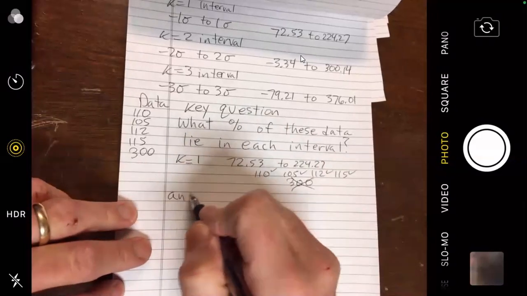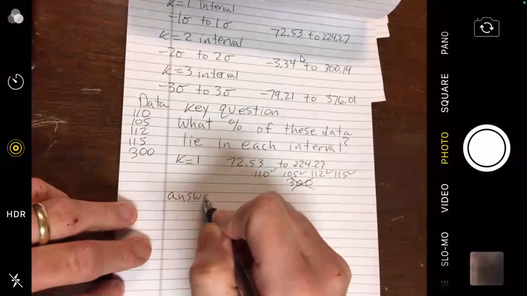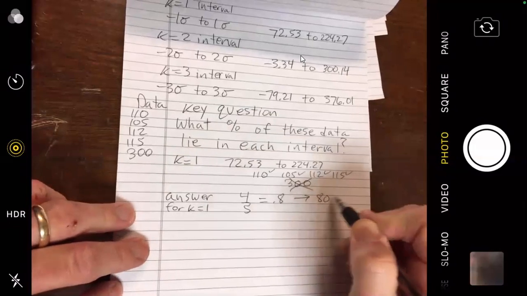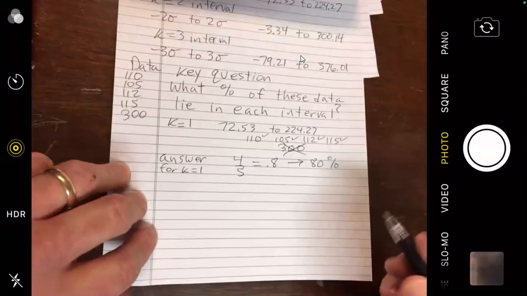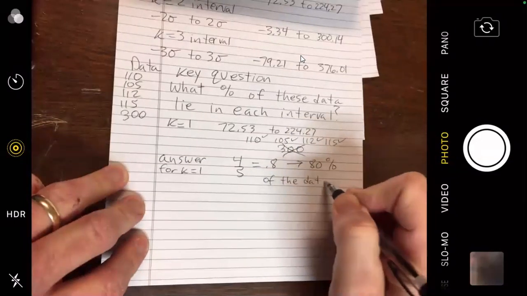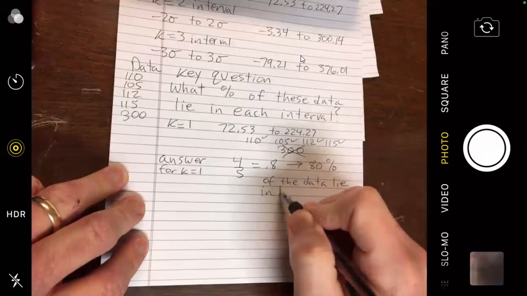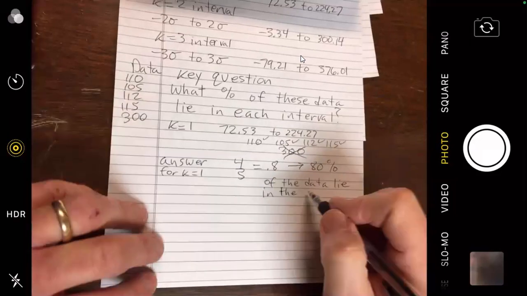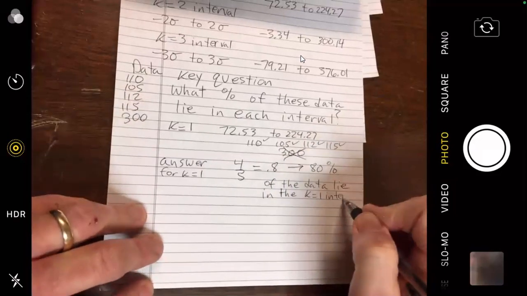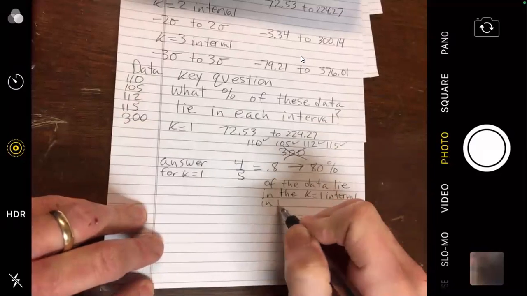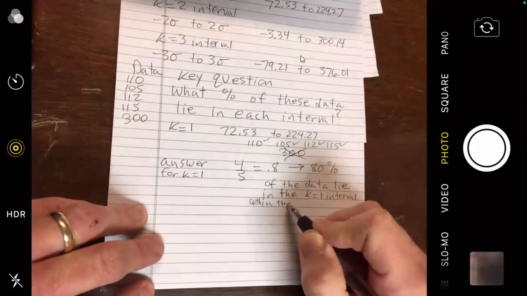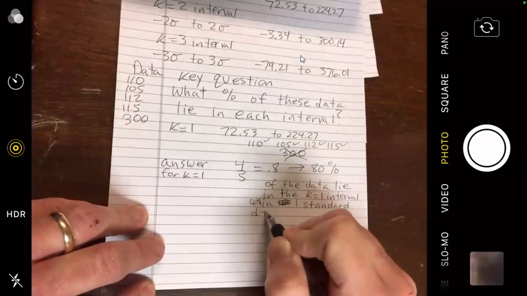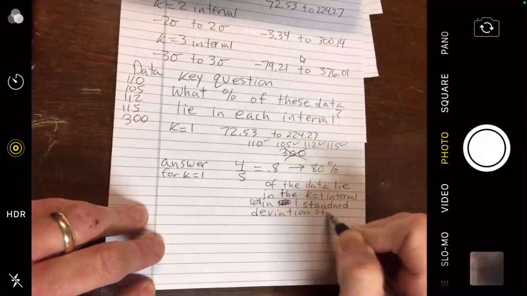So the answer for k equal 1 is 4 out of 5, which is 0.8, which is 80% of the data lie within 1 standard deviation of the mean.